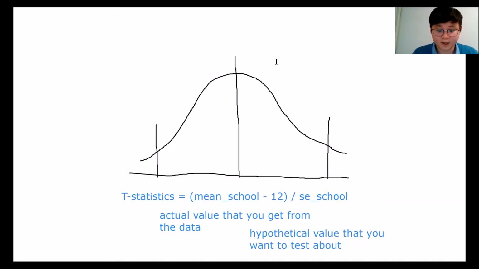So if this is the normal distribution, now the t-statistics is to test that. If now we think that the true mean should be 12, then what is the probability that you get the actual value? It sounds a bit twisted.